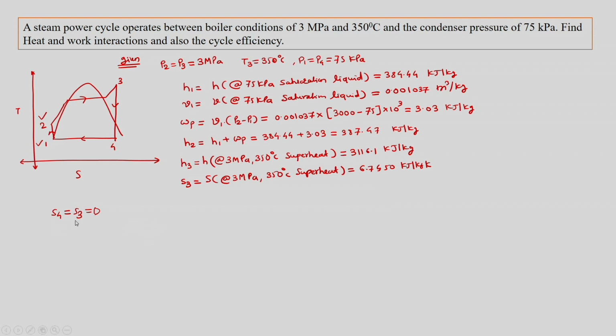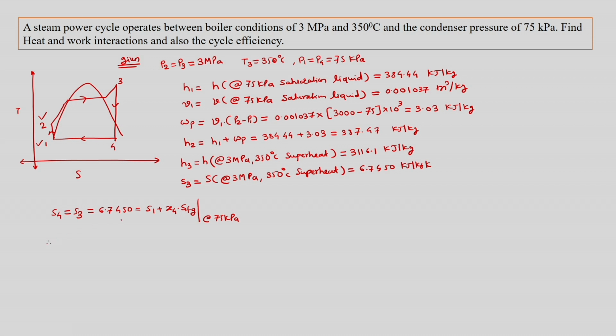So it turns out that S3 is known, which is 6.7450, equal to S1 plus X4 into SFG, at 75 kilopascal.